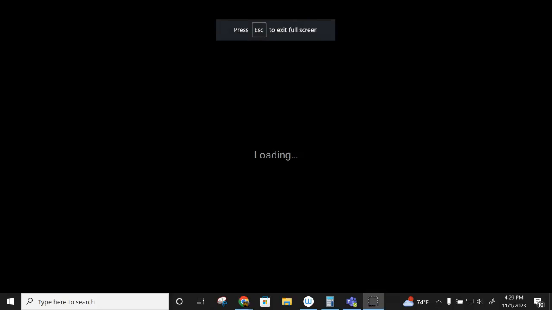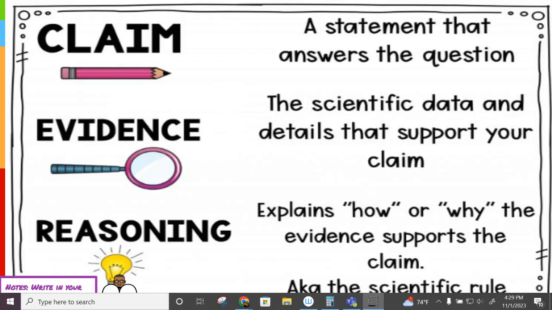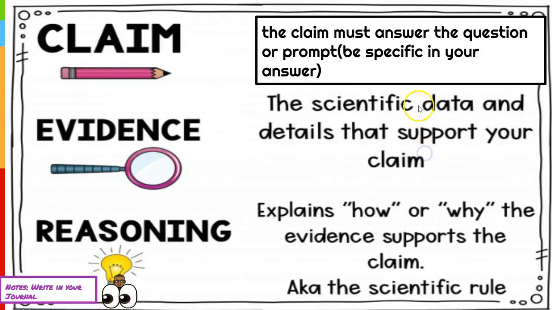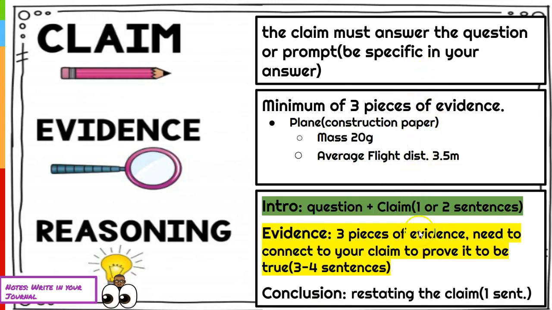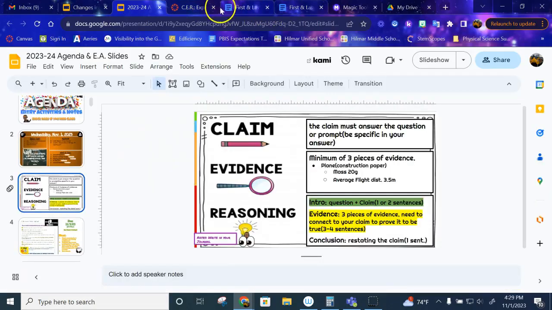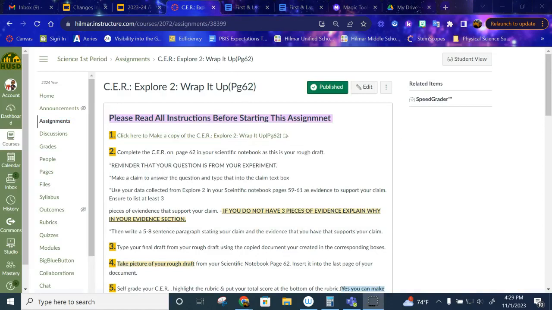Part 2 is everything about the claim, the piece of evidence, the question, the intro, the evidence, and then the conclusion inside the reasoning paragraph. All of that is inside number 2 right there.